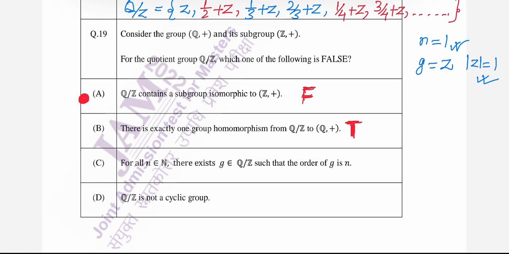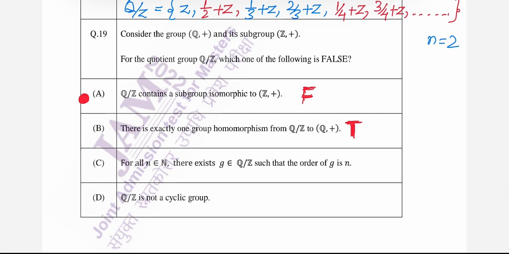In the same way, now take n equals 2. Now this time take this element, I show you in green. If you are taking that element, then what happens?